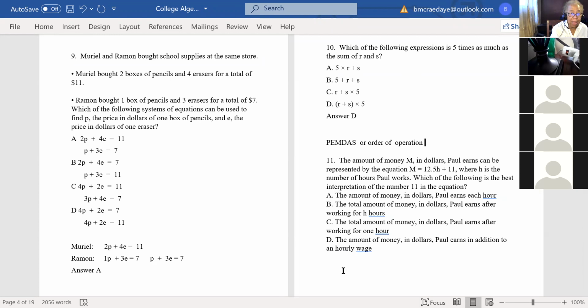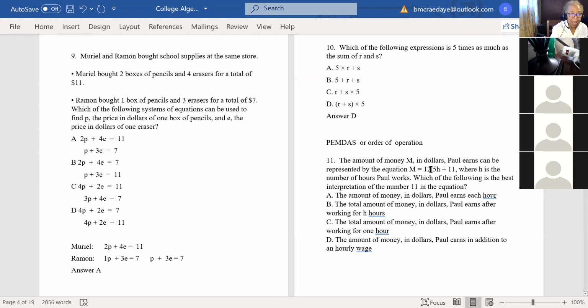D is correct, because the amount of money Paul earns is 12.5 times H. That's the number of hours he works. So that's 12.5 times the number of hours, and the 11 is a constant. That's something he makes in addition to his hourly money. So the 11 would be the amount of money in dollars Paul earns in addition to his hourly wage.